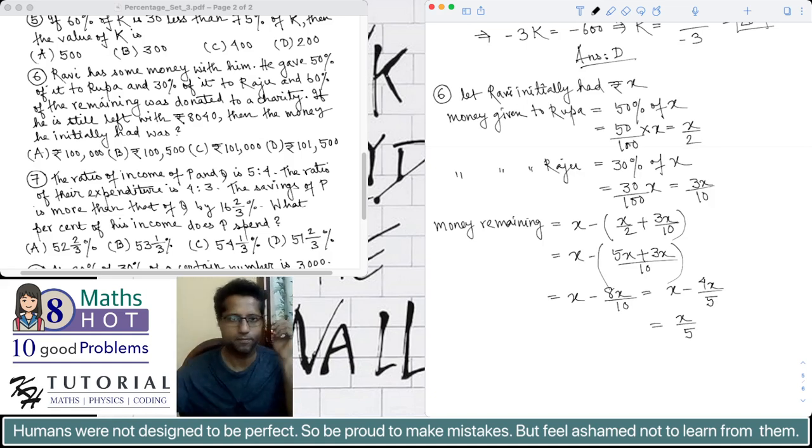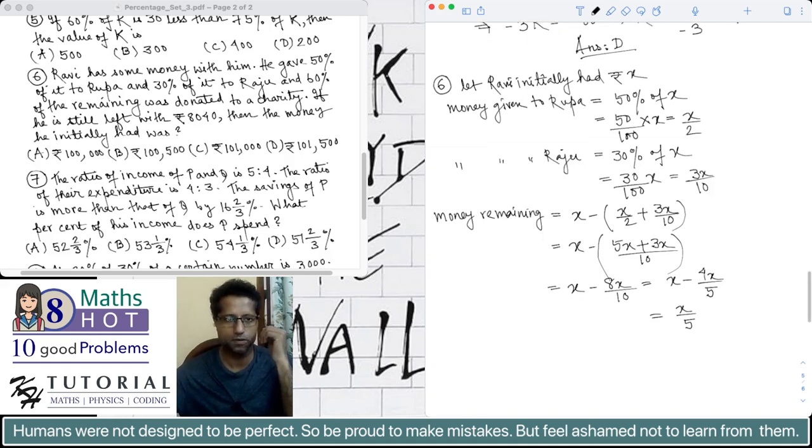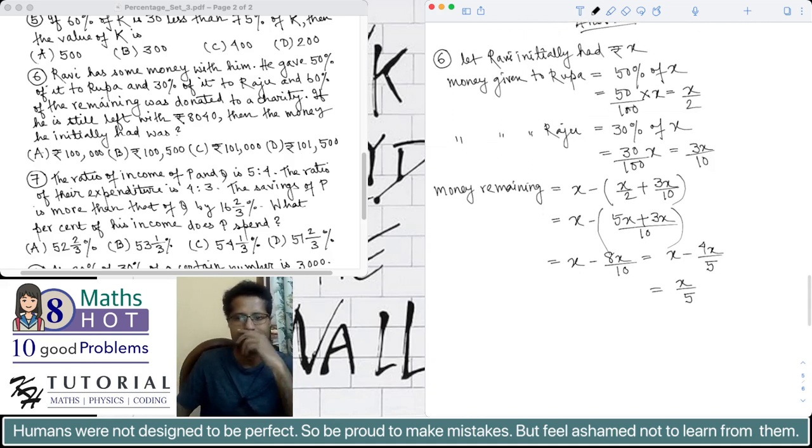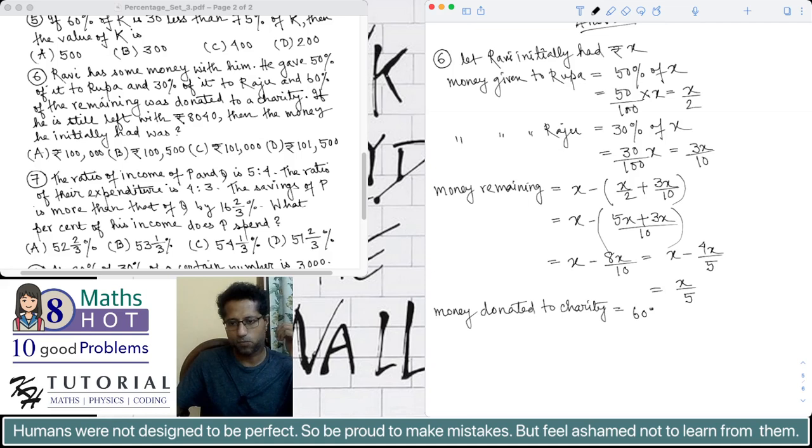Now it is said that 60% of the remaining was donated to a charity. So money donated to charity is equal to 60% of the remaining, that is 60% of X by 5.